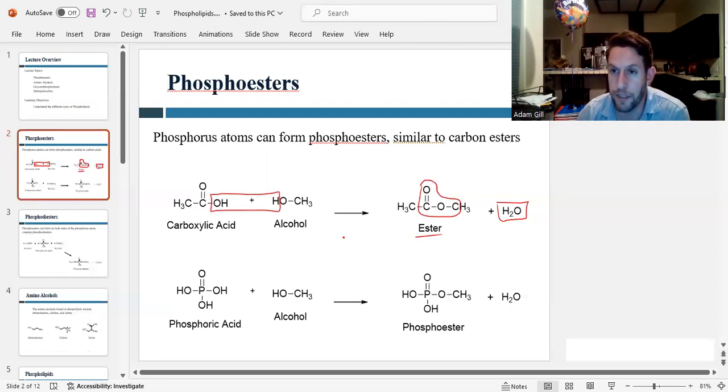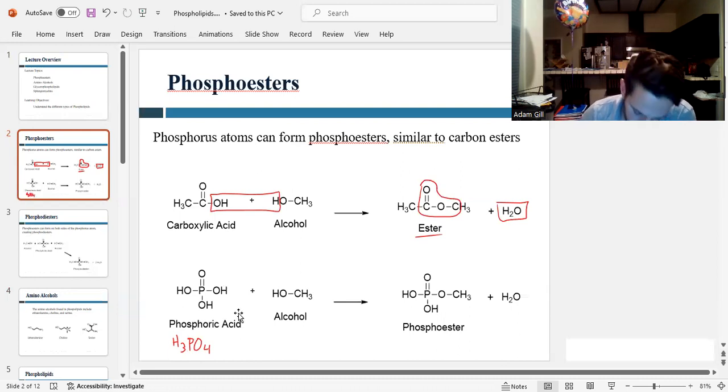It's your esterification reaction. We can do the same thing, but instead of a carboxylic acid, we use phosphoric acid. Phosphoric acid, remember, was H3PO4. You've probably seen it as H3PO4, but maybe you never thought about its Lewis structure.